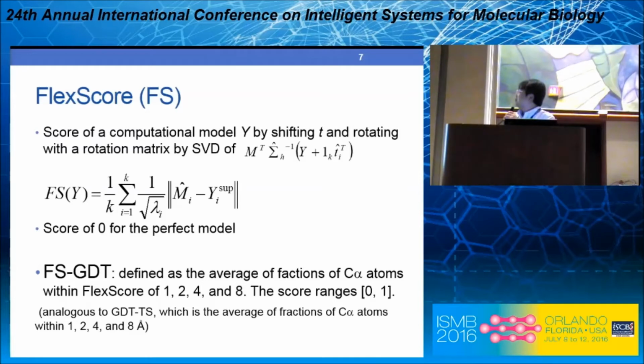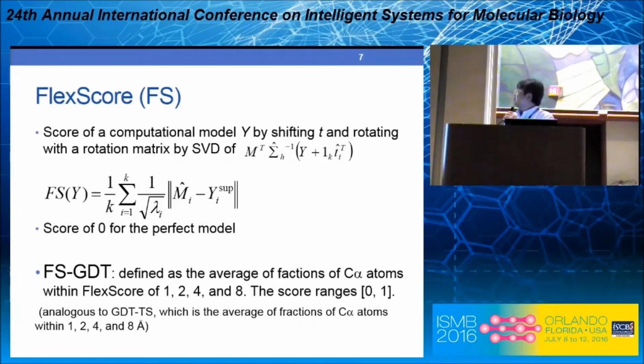the flexibility score of model Y is basically the difference between the superimposed Y and the mean of the ensemble structures, weighted by the eigenvalue of individual residues. If the deviation is very large, the eigenvalue is large.